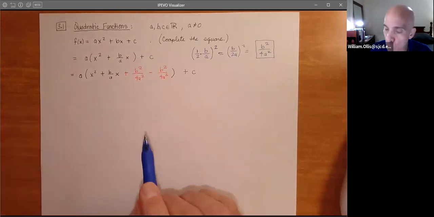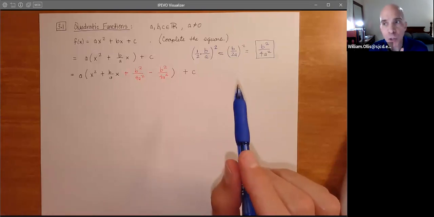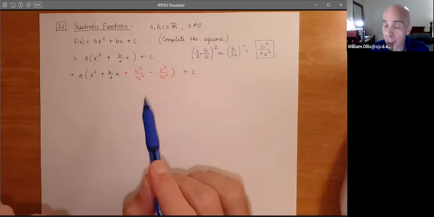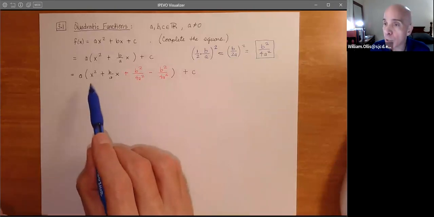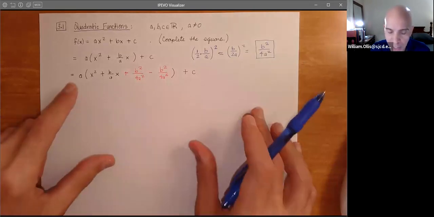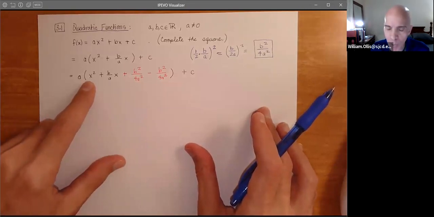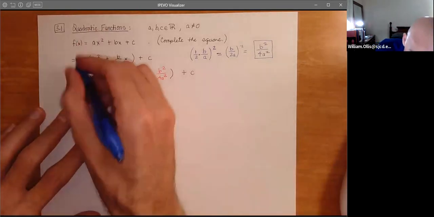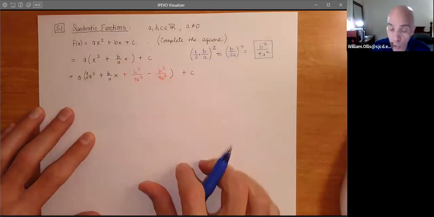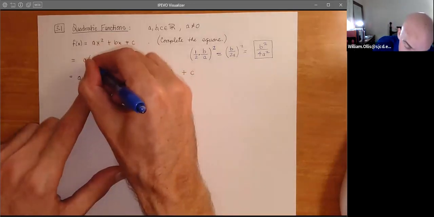Now, like I said before, the process will never change. One thing that's extremely important that I need to mention: in order to do this, the polynomial must have leading coefficient 1. That means monic. So you're thinking, why did we start out by factoring the a? I didn't make a big deal about that, but we need monic. What I mean by monic is that the leading coefficient, the coefficient of the squared term, is 1.